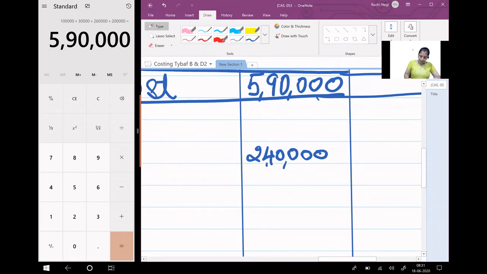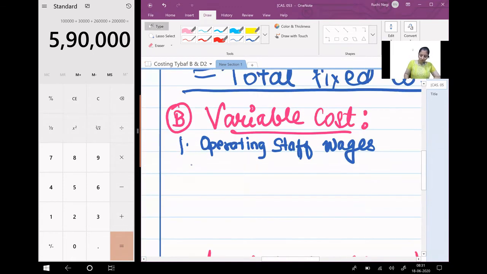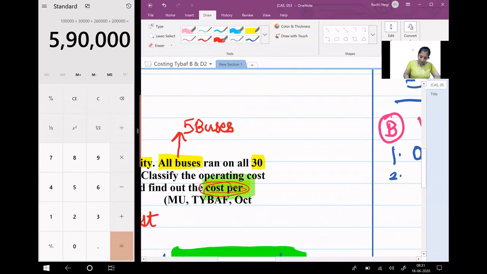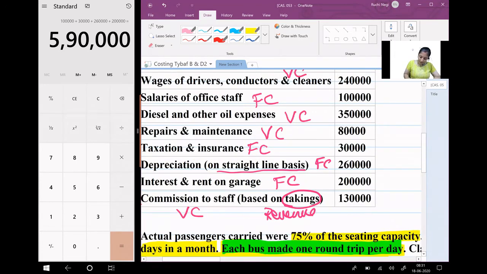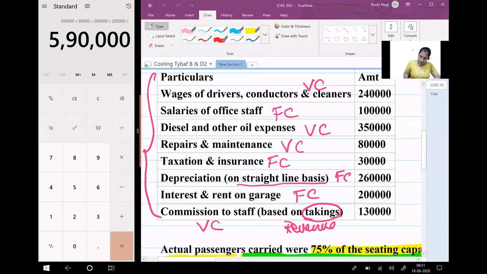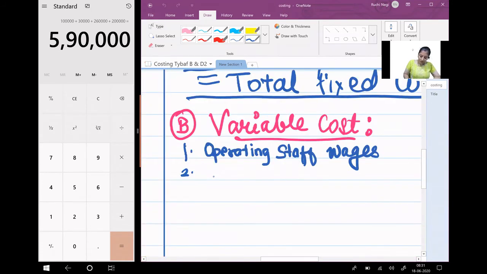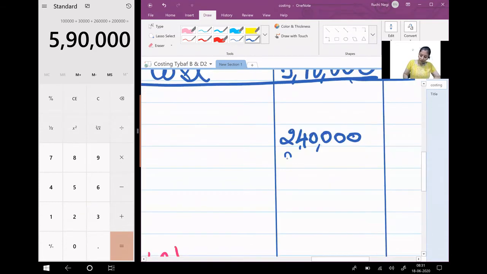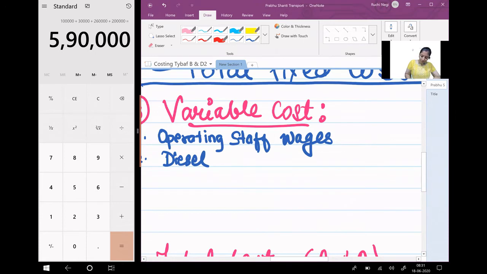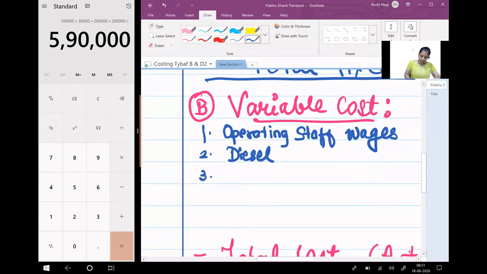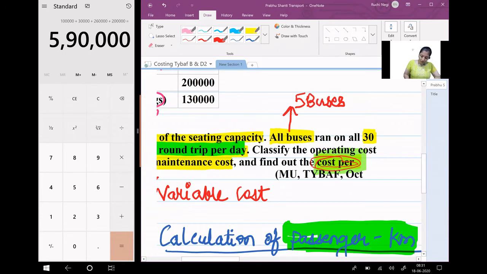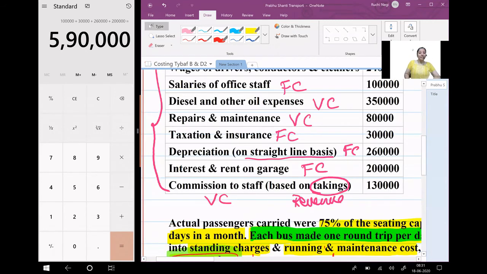Okay. Next, wages is done by us. Diesel 3 lakh 50. So write here diesel 3 lakh 50. Okay. Next is repairs and maintenance 80,000.